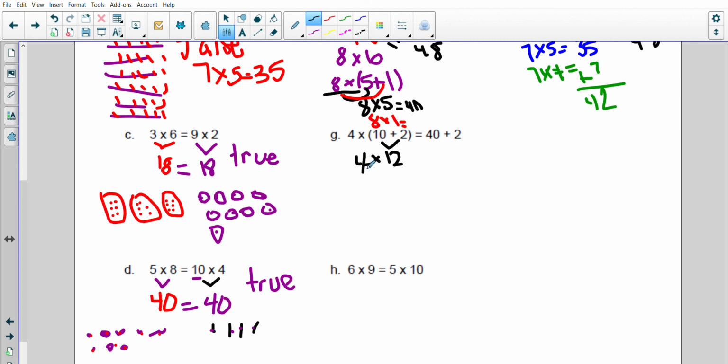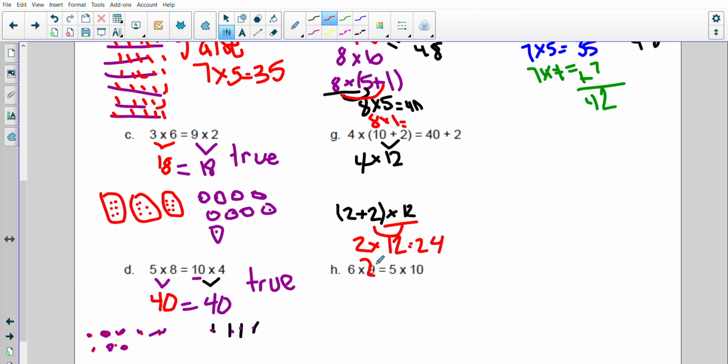Times that by 4. Again, we're going to break it up a little bit just to make it easier to multiply. So I know 4 is the same as 2 plus 2, times that by 12. Okay, now I'm going to distribute this times 12 to the 2. So I have 2 times 12, which is 24.